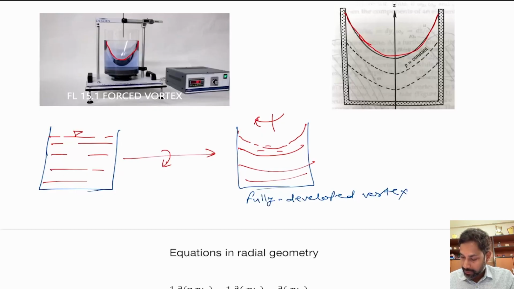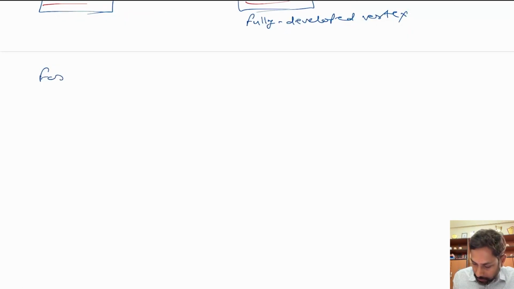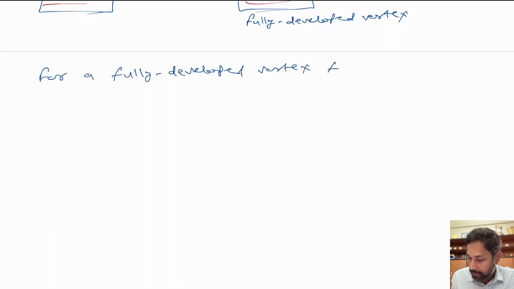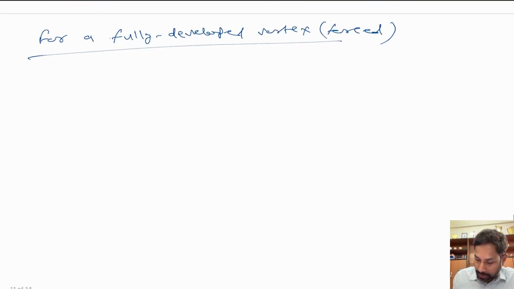We will consider this fully developed vortex such that we can make a few assumptions. Let's say we are at the moment considering the forced vortex. We can consider ur, that is the radial velocity, to be 0, and also uz, the axial velocity, to be 0.